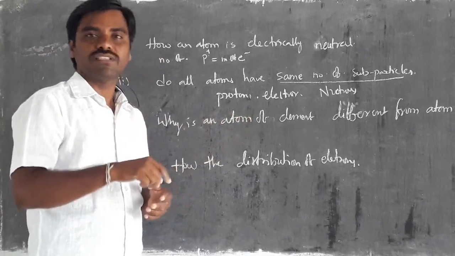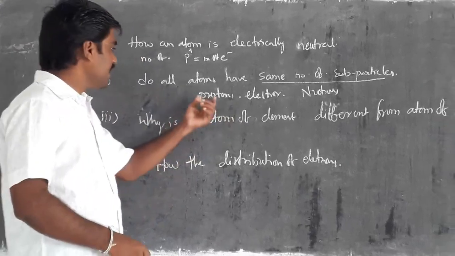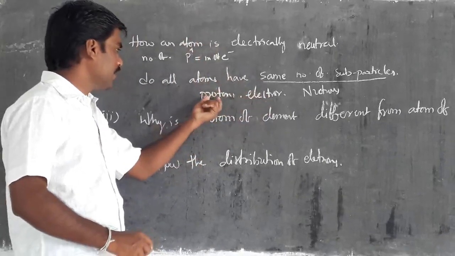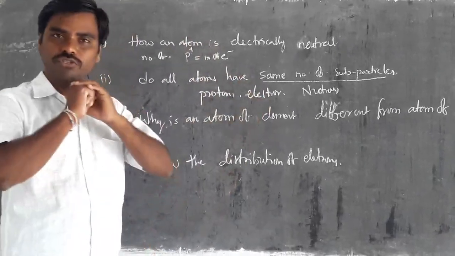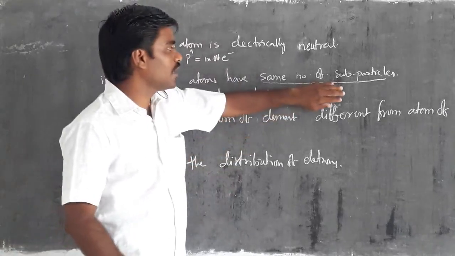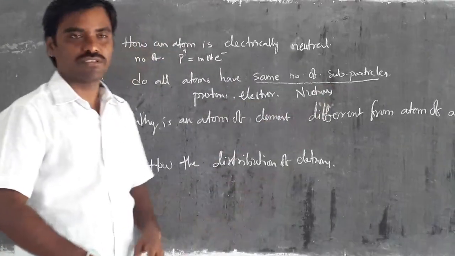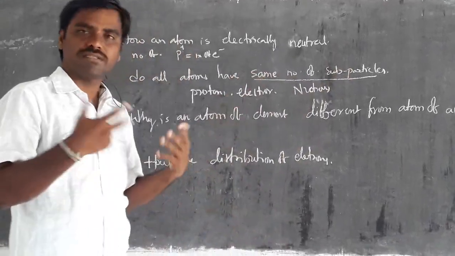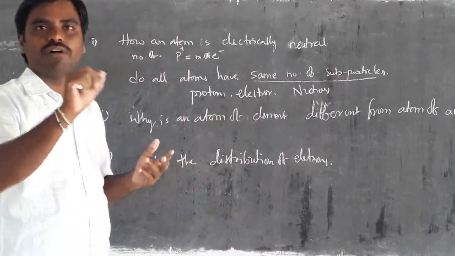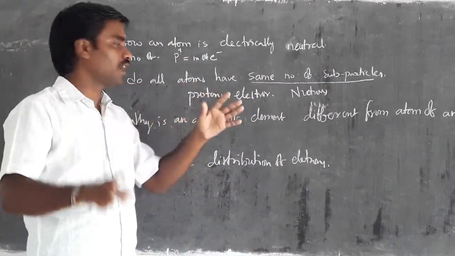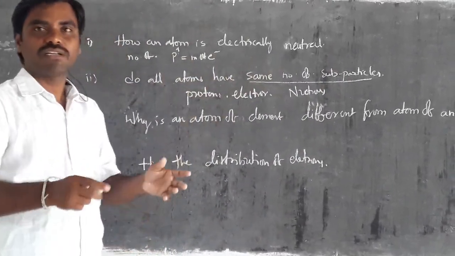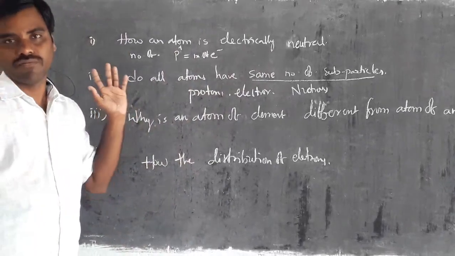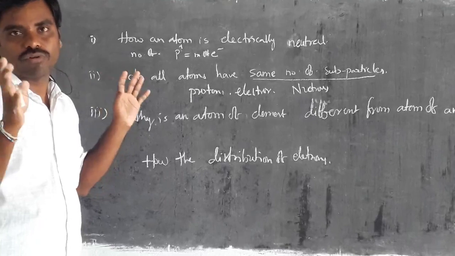There is no such variation for protons and electrons. In every atom, the number of protons and the number of electrons are always equal, but this is not considered for neutrons. That is why we have different elements. If you take atoms of a particular element, all the atoms have the same number of protons, but atoms of one element and another element never have the same number of protons and electrons.